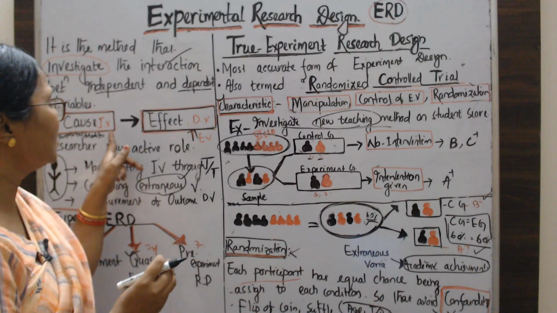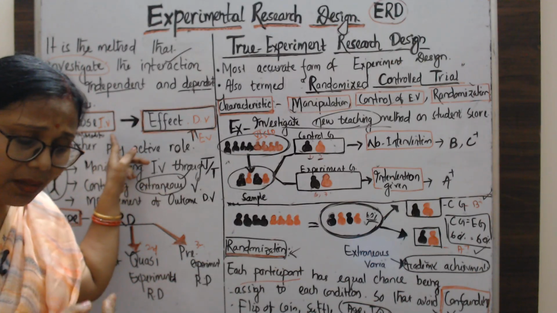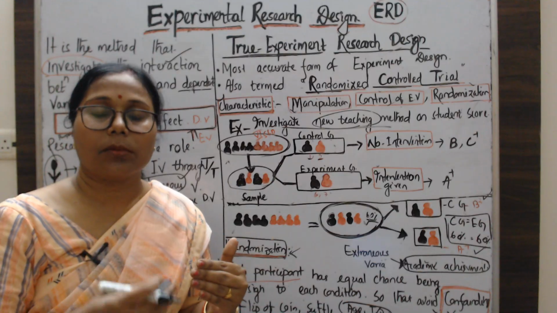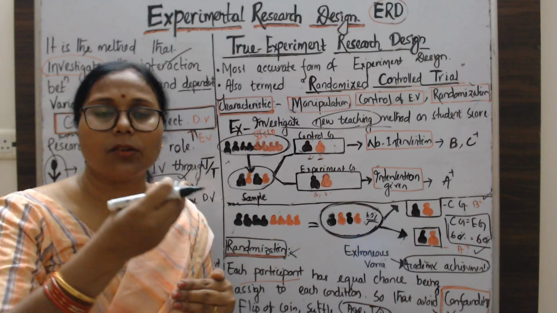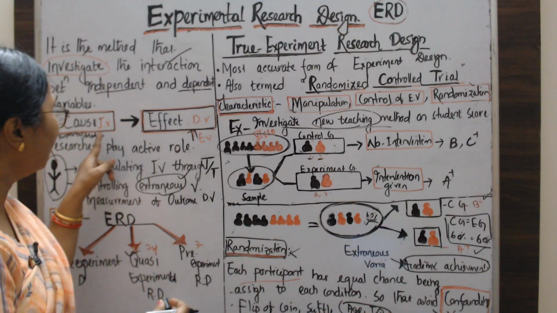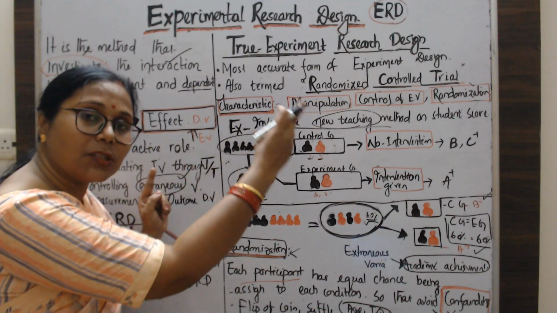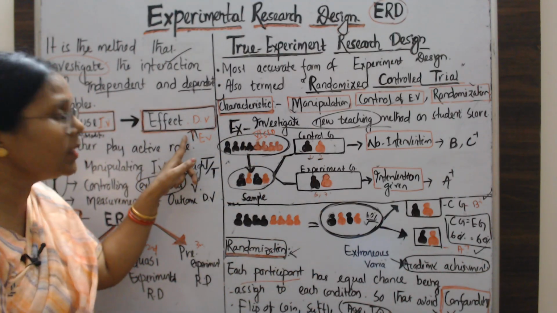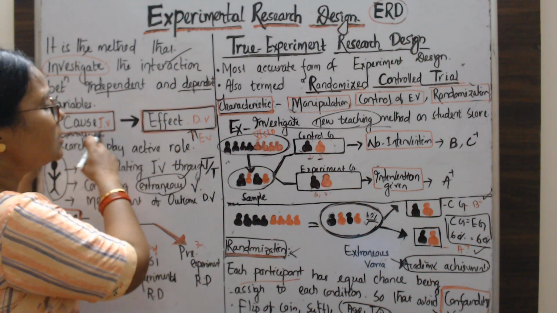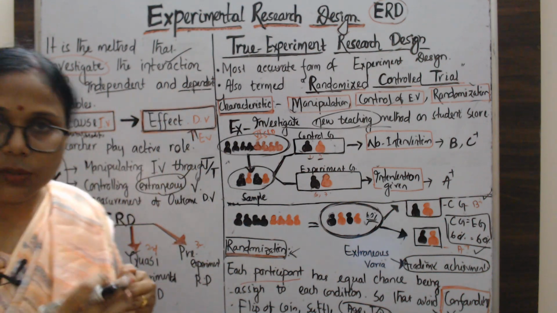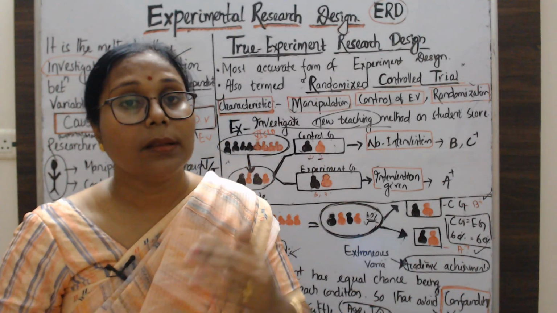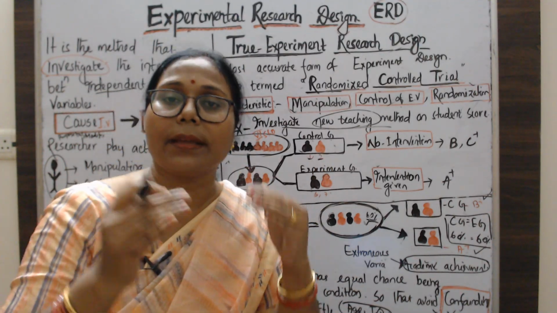The researcher purposefully modifies, increases, decreases or manipulates the independent variable, and whatever change is found in the dependent variable is observed by the researcher. This is called the cause and effect relationship, or causal relationship, that the researcher wants to establish.